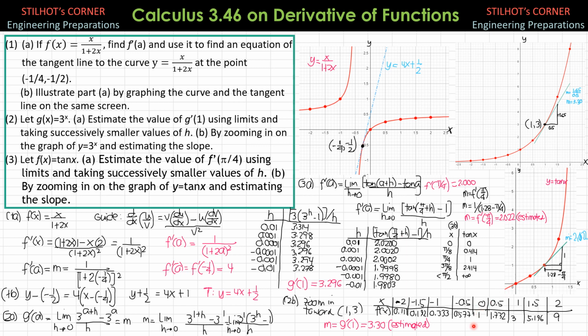When x is 0, tangent of 0 is 0. These are the tabulated values also. That's the graph of tangent.